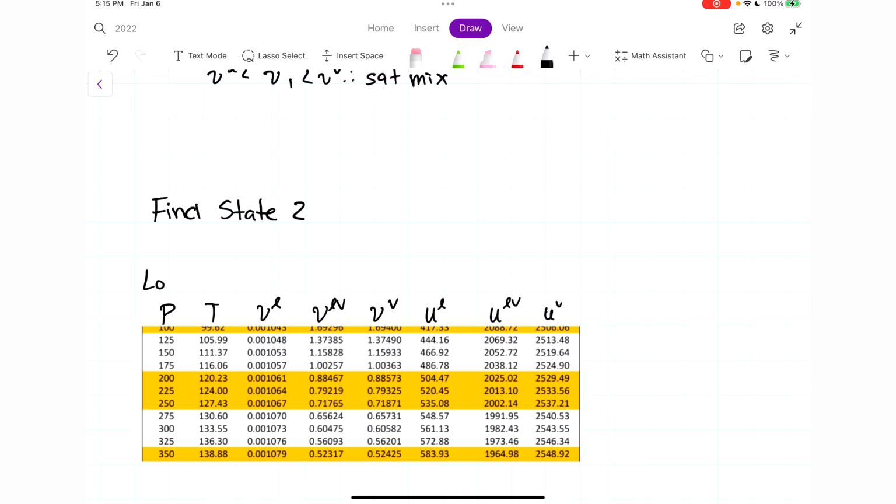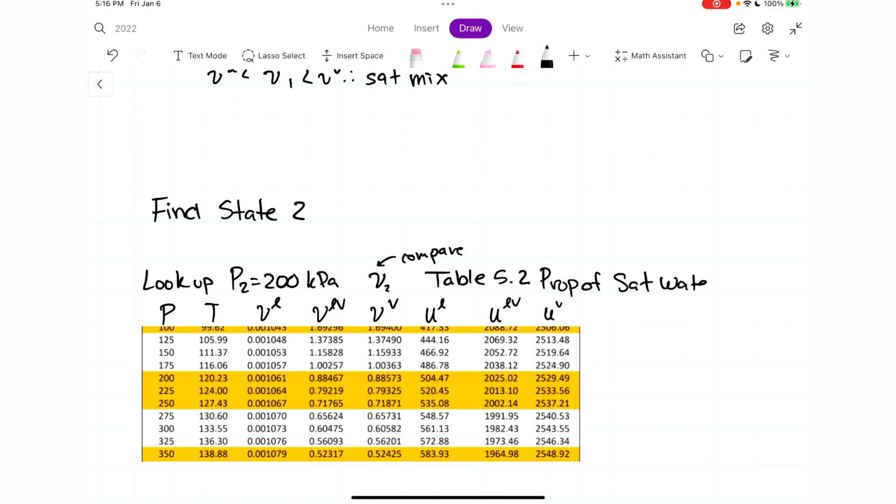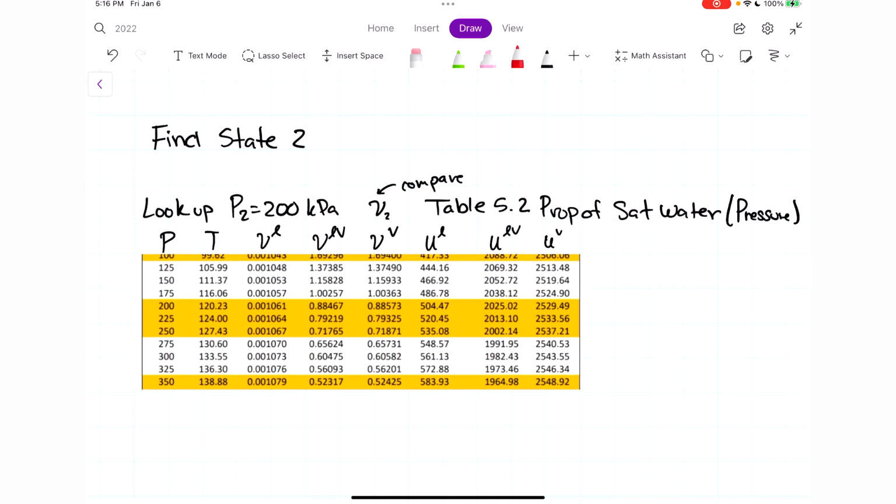We're going to look up P2 equal to 200 kilopascals and compare our V2. And this table is table 5.2 in my textbook, properties of saturated water. And this one is the one with the pressure. All right, so pressure, we find it 200 kilopascals.